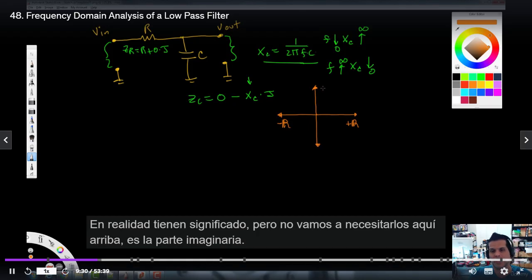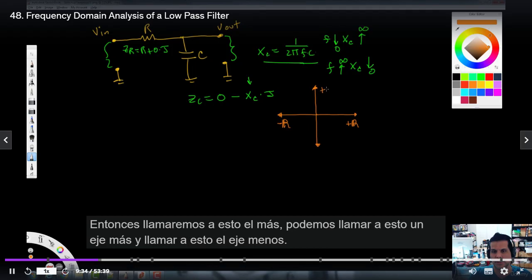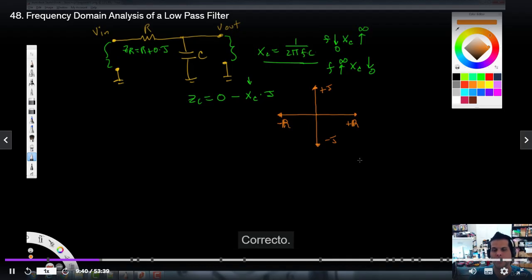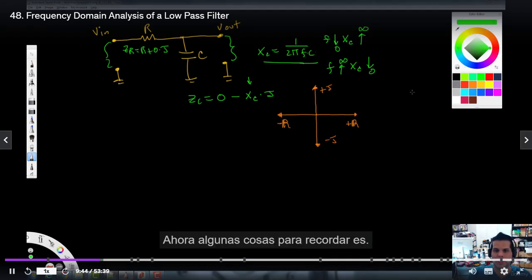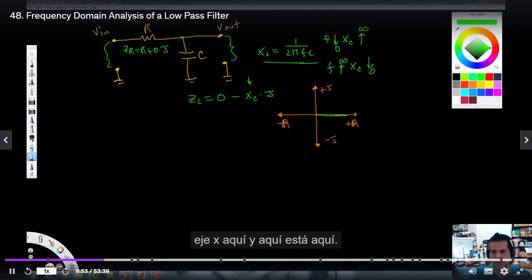Up here is the imaginary part. The vertical axis is the imaginary part. We can call this the plus j-axis and this the minus j-axis. Now, when we plot a real value, something that's purely resistive, it's going to be on this x-axis right here.